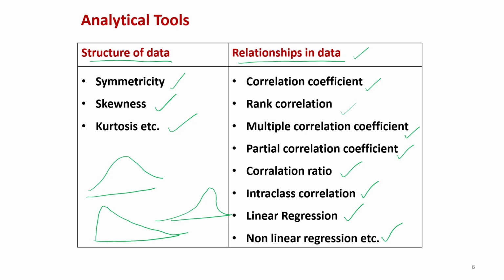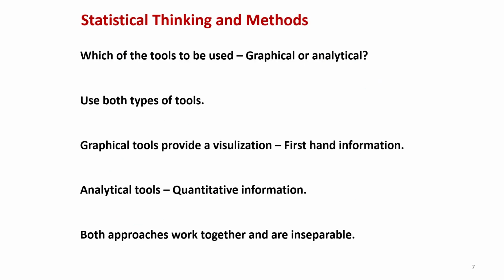So whenever we get data, these are the simple objectives which we want to execute. And all these tools, either graphical or analytical, are part of EDA. This is what we are actually going to do here.